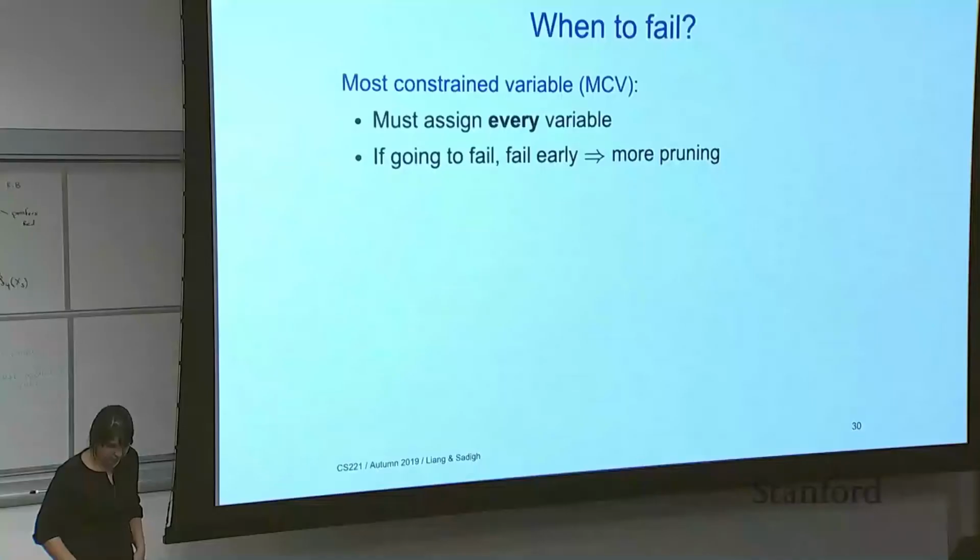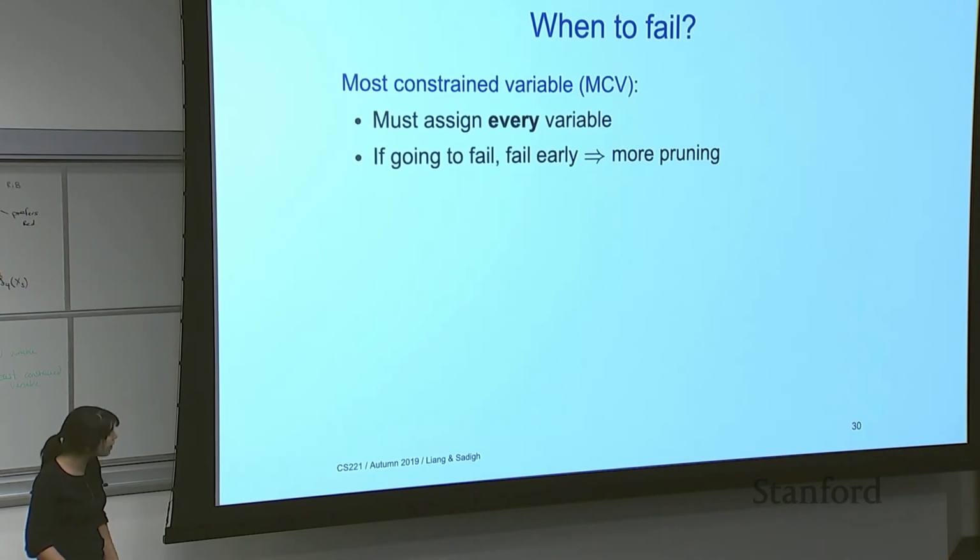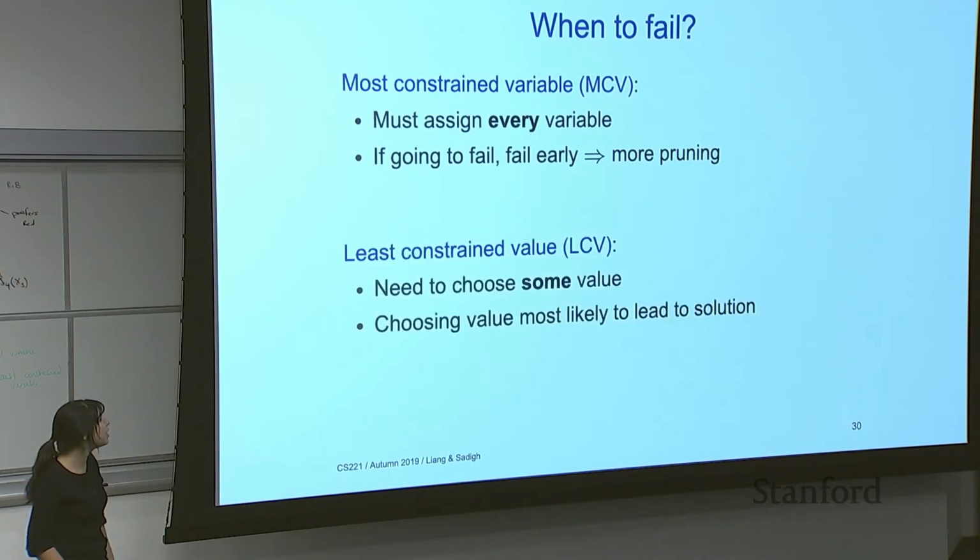The idea of the most constrained variable is that we must assign every variable, so if we're going to fail, let's fail early. It's kind of similar to pruning. And for the order in which we pick values, we pick the least constrained value. The reasoning is that we have to choose values for all of these things, so choose a value that's the most likely to lead to a solution for everything.